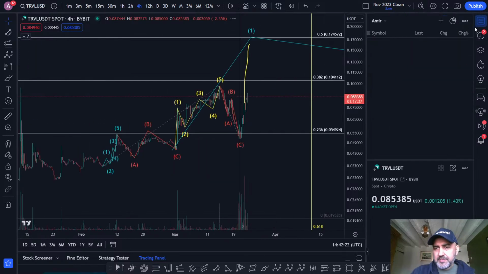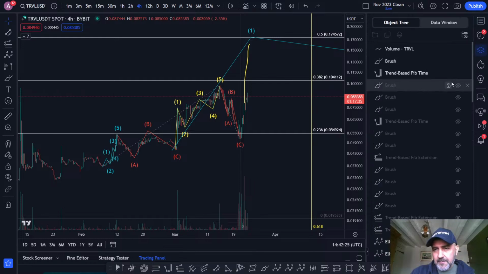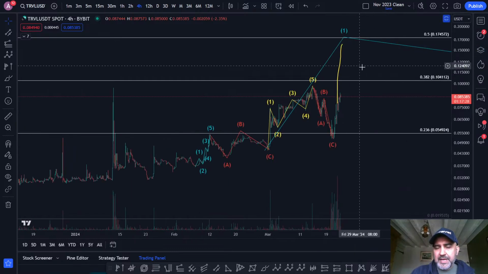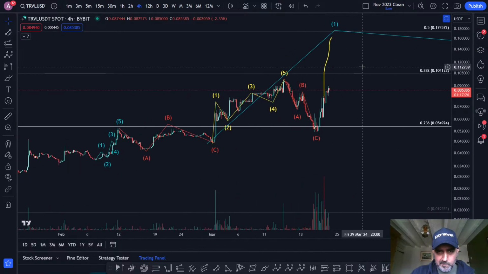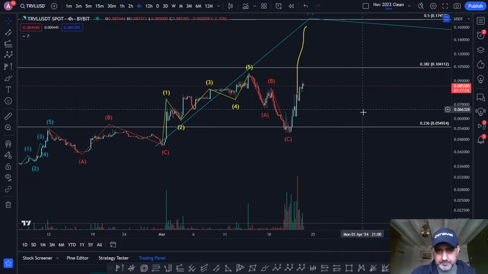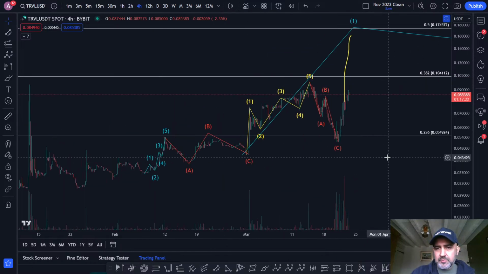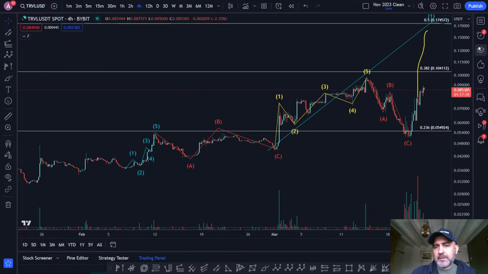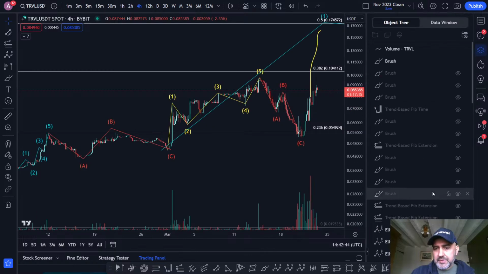Sometimes you just have to relook at stuff if you're not 100% sure, to see if your analysis is correct or not. And so my idea was this. I was thinking to myself, and I'm just going to hide these now.